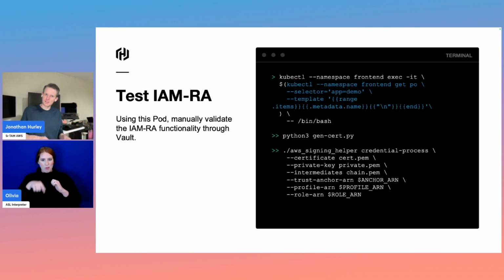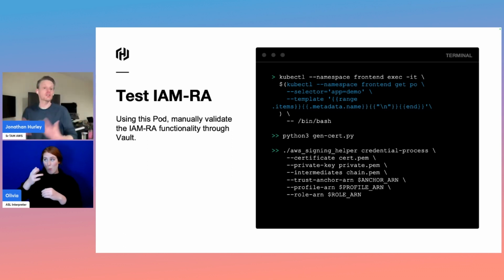From their perspective, they start up an application, they can immediately execute the AWS CLI or use Boto3 or whatever the appropriate vehicle is to interact with AWS in their code. And those credentials are just there and they're just valid. They're just correct. And so it can be a very, very low friction experience for the developers.